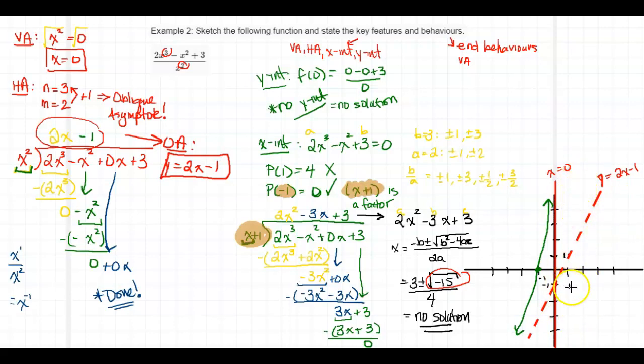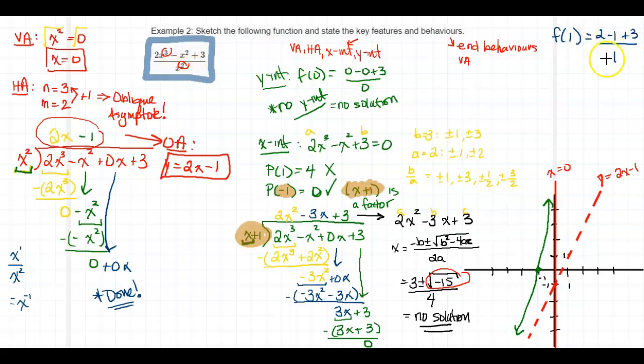So let's prove it. We're going to sub in 1 into our original function, and let's see what we get. So again, we're subbing it into this original guy here. And I sub in 1 into here. Well, that's just going to be 2, minus 1 plus 3, all over 1.